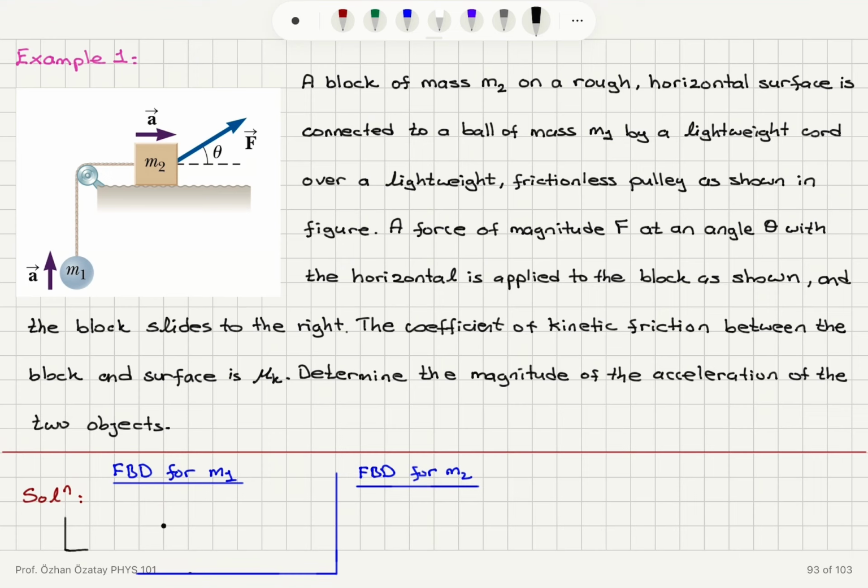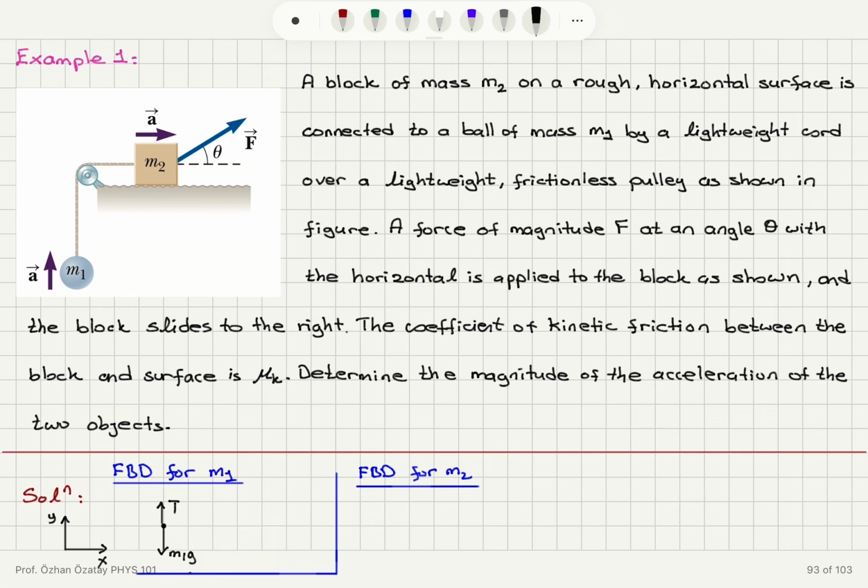And m1 feels its weight. So there is m1g that is pointing down, and it also feels the tension in the lightweight string, tension T, pointing up. Now from the figure, it seems that m1 is not touching this surface, so those are the only two forces acting on it.